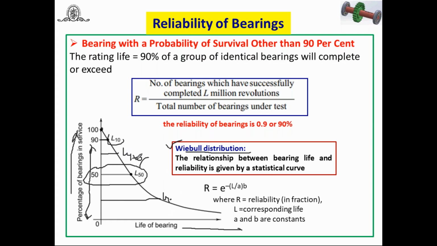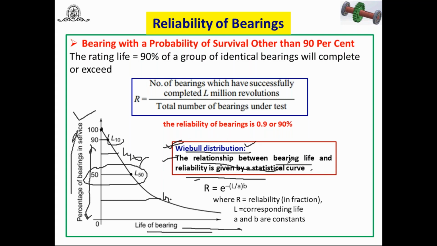But if you would like to find out the reliability other than 90%, then we have to go for a Weibull distribution. This Weibull distribution curve is a statistical curve. It gives the relationship between bearing life on the x-axis and reliability. Try to understand: the percentage of bearings in service, the relationship between bearing life and reliability, is given by the Weibull distribution.